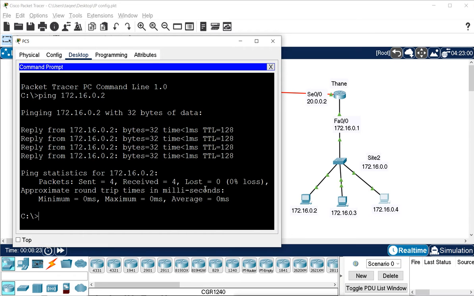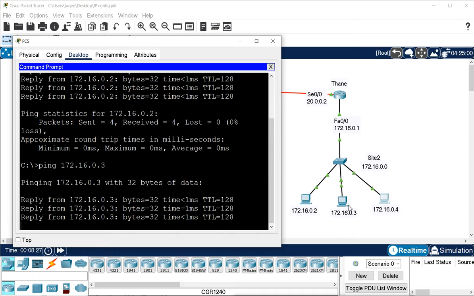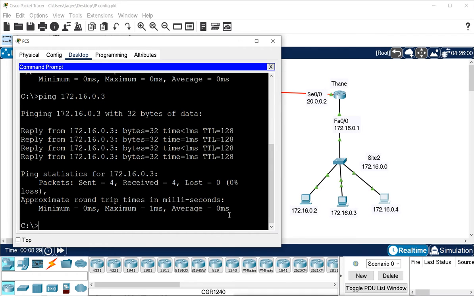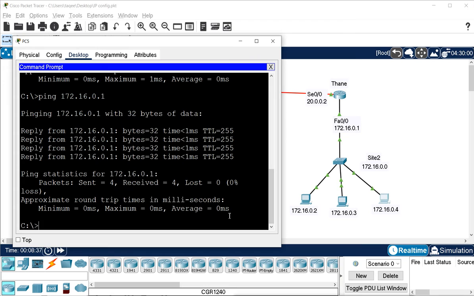Then I will check connectivity with 3, so it is also connected with this machine. Now I will try to connect to 1, the router's interface, and that is also connected. So they are all connected together within the network, and they can also access the router interface, and through that interface they can connect to the router.